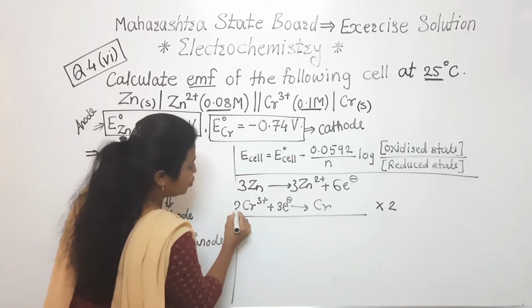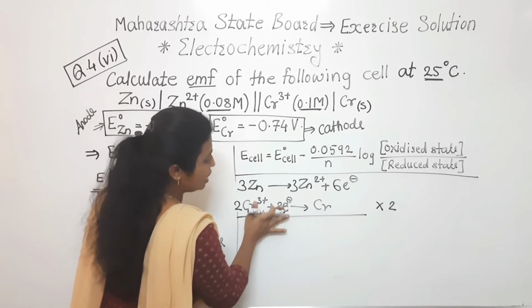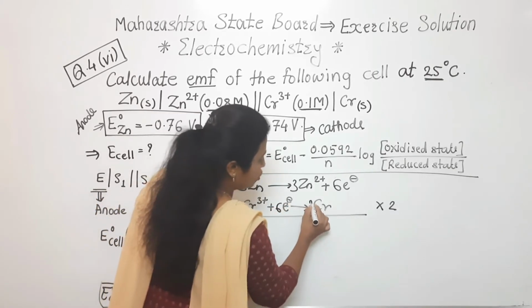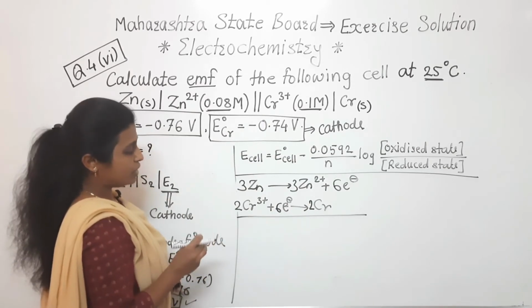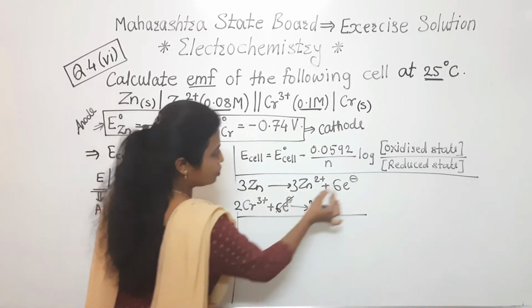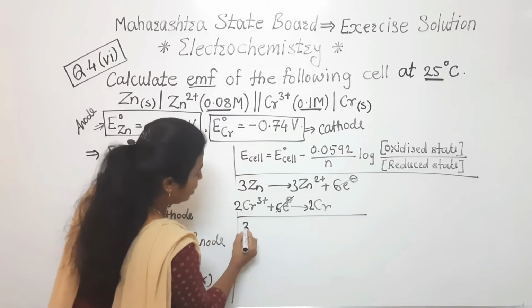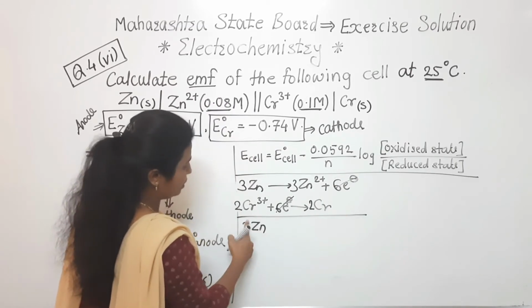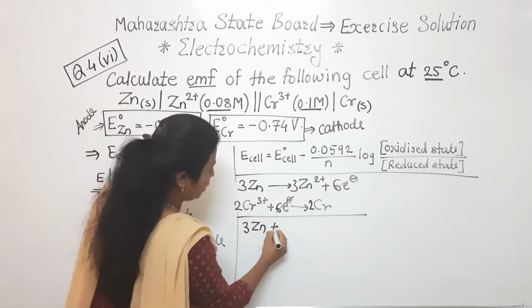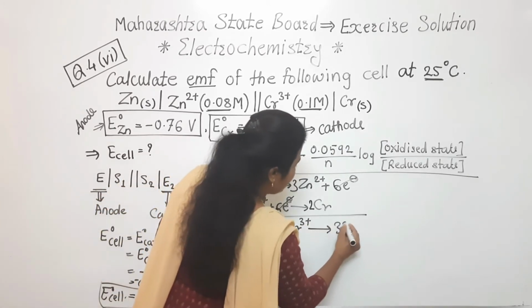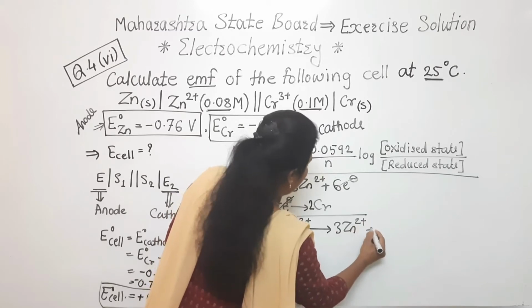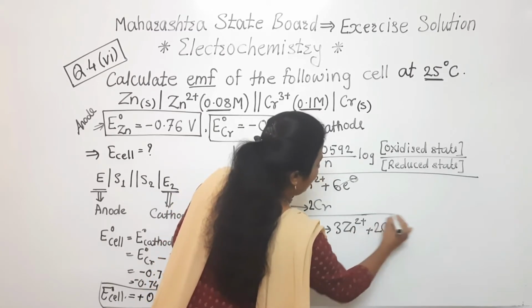So here 2 Cr3 plus, 3 2s are 6 electrons, and 2 Cr we get here. Now what will be the net reaction? In the net reaction, electrons will get cancelled and simply addition of them will be there. So 3Zn plus 2Cr3 plus gives 3Zn2 plus 2Cr.